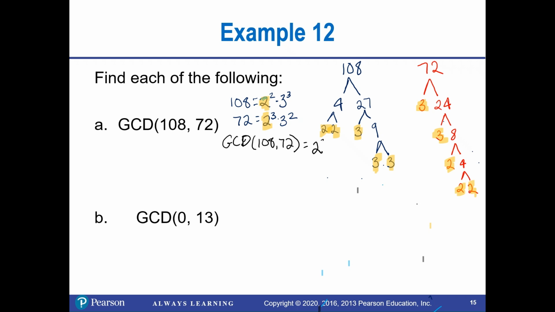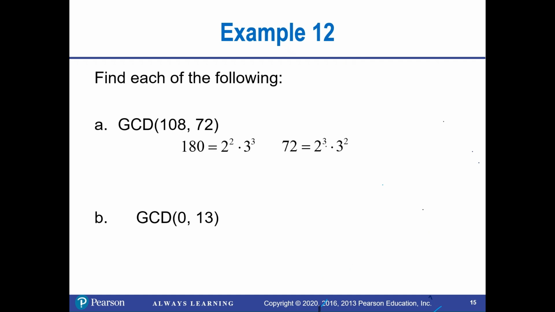So I have 2 squared times, and then the next common factor that they share is 3. And then the lowest power there is also 2. So I'll have times 3 squared. So that's 2 squared times 3 squared, which is 4 times 9, which is 36. So the greatest common factor of 108 and 72 is 36. Here's that work typed out for us.